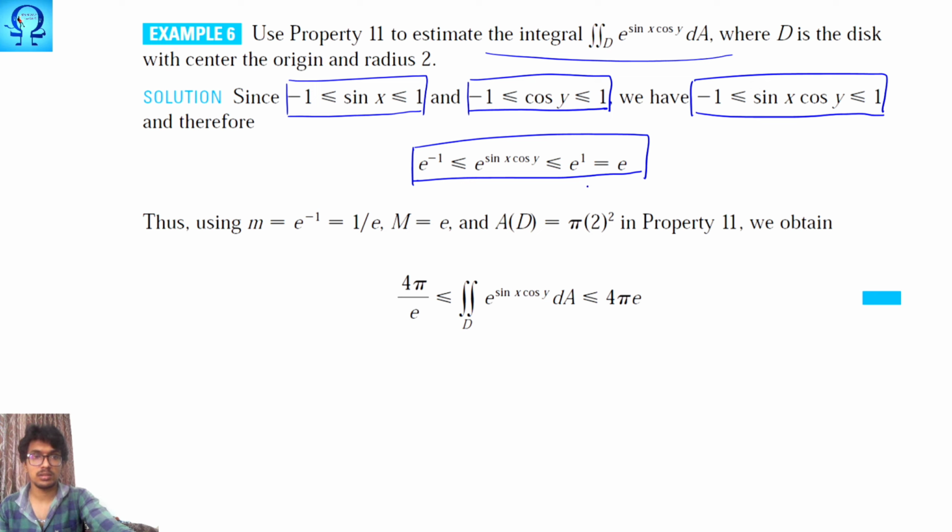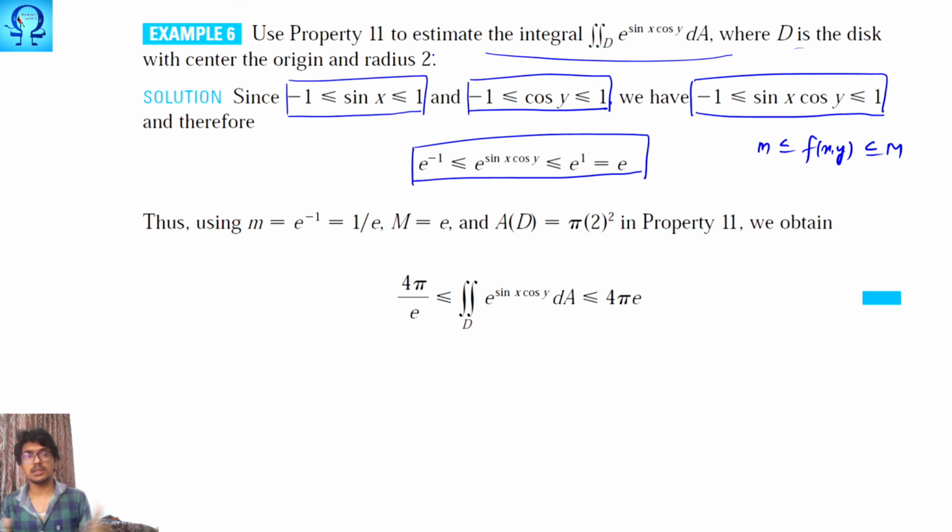And your D is the disk. Now, here comes the main thing. Actually, we have found m less than or equal to f of x y less than or equal to M. In this, we have found the big M and small m. Now, we will have to find the area of the region. Here, D is given to be the disk with center at the origin and radius 2.